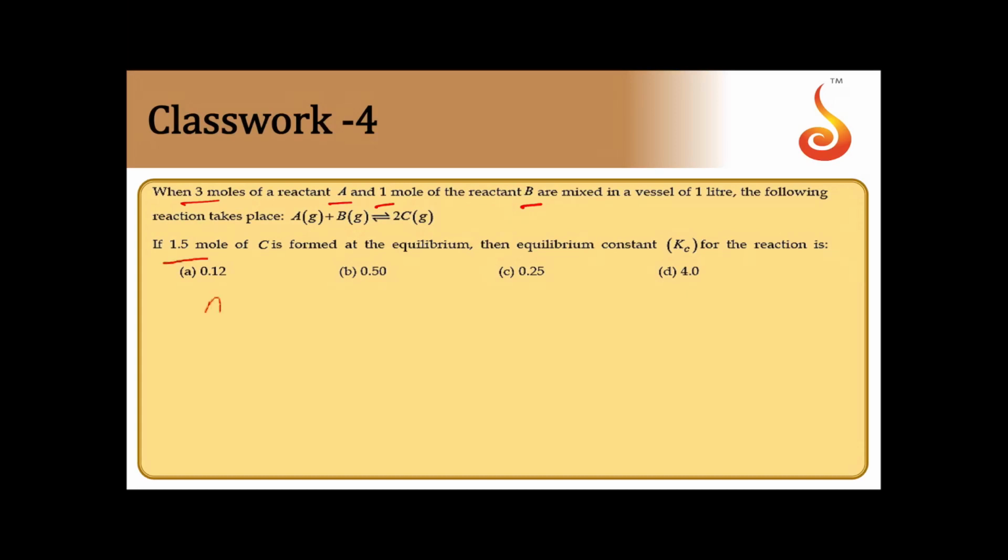So A plus B giving 2C. Initially we have A as 3 moles, B as 1 mole, and C as 0.